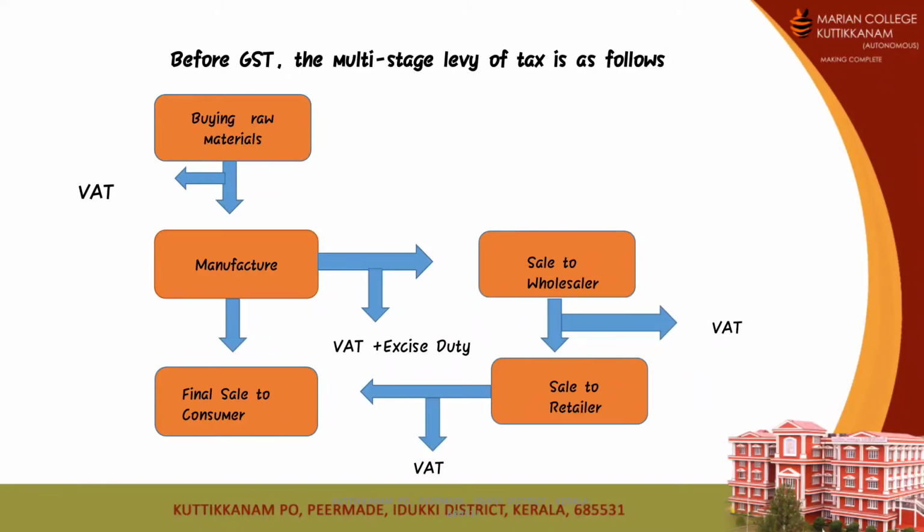So he has already paid a value added tax in the beginning when he purchased raw materials, and now when he sells it to the wholesaler, he again pays an excise duty. The wholesaler purchases the product from the manufacturer, and when the wholesaler sells it to the retailer, what happens?